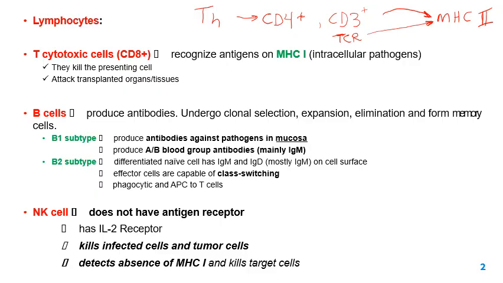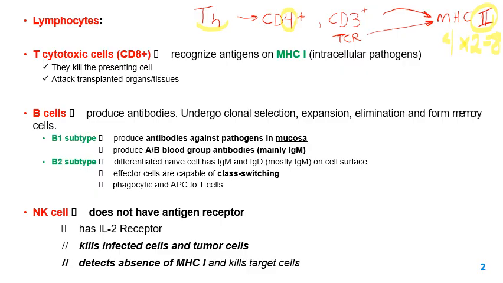Now, how are you going to remember that? Well, here we are going to say T helper cells have CD4. They recognize MHC class 2. 4 times 2 is 8. Okay, that was supposed to be a simple question. All right. So that's your T helper cell.